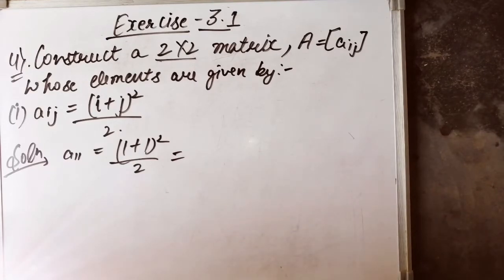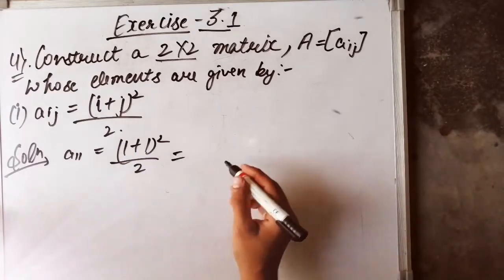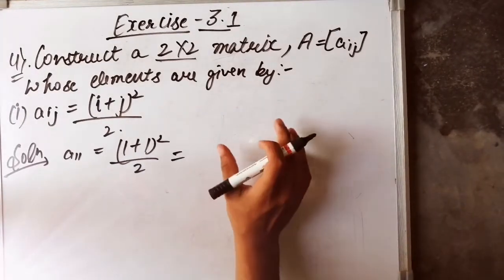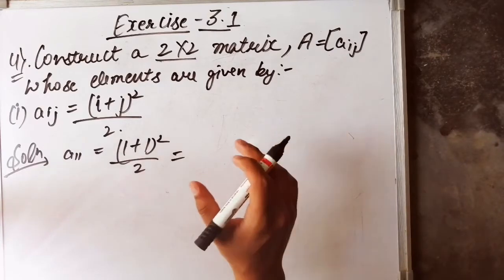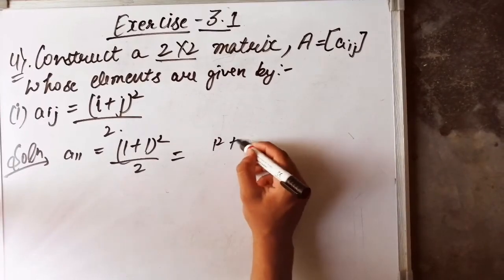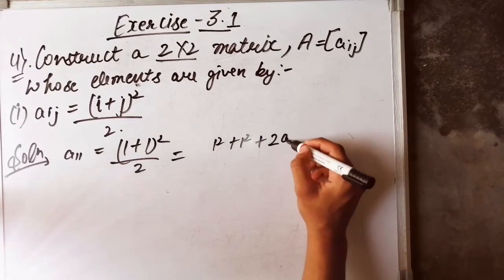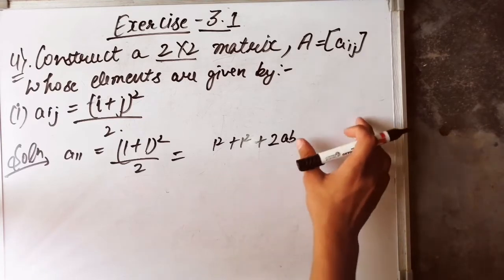What will be 1 plus 1 whole square? Don't write it as 4, because it will not be equal to 4. Using the identity (a plus b) whole square equals a square plus b square plus 2ab, you need to use this identity here.